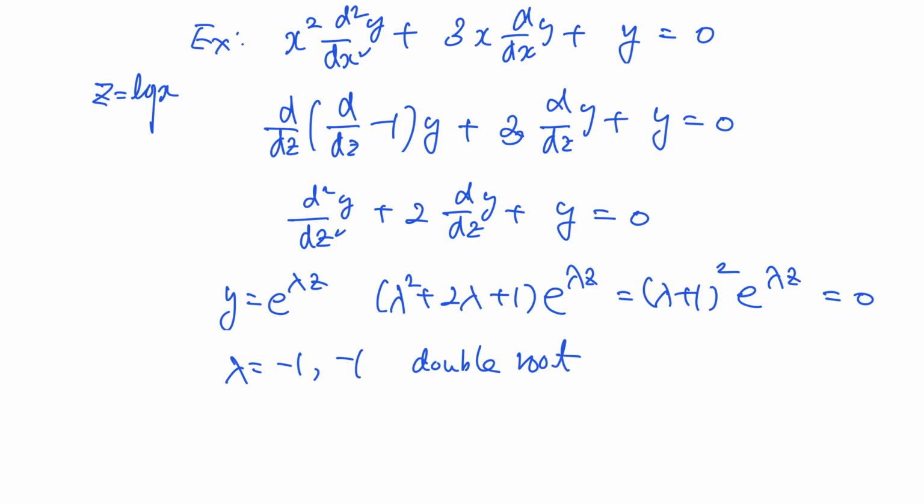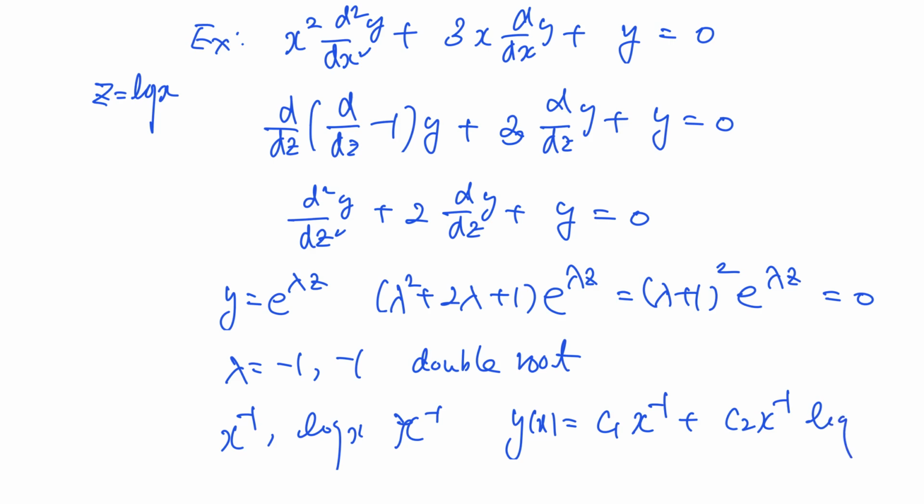The solutions are x to the minus 1 and log x times x to the minus 1, right? So the general solution y(x) is c1 x to the minus 1 plus c2 x to the minus 1 log x.